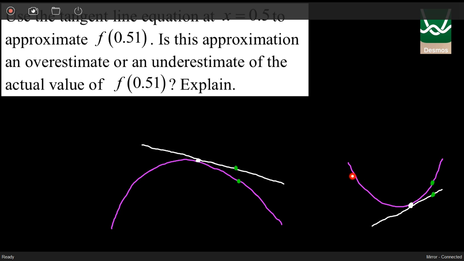So when you have this kind of situation where the curvature is going up like this, and there's a word for that, we'll put that here in a second, then the actual value is going to be higher. So that means that we have an underestimate of the actual value.